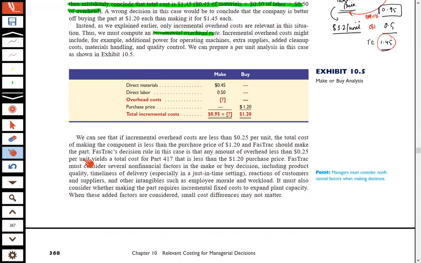Fast Track's decision rule in this case is that any amount of overhead less than 0.25 per unit yields a total cost below the purchase price for part 417. Okay. This is the analysis. This is the final say. Fast Track must consider several non-financial factors in the make or buy decision, including product quality, timeliness of delivery, reactions of the customers and suppliers, and other intangibles such as employee morale and workload.